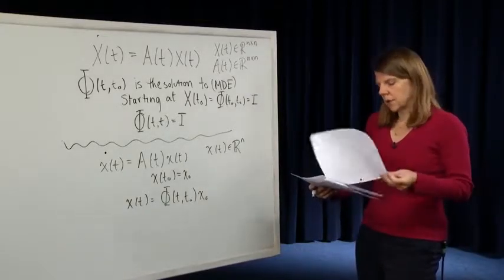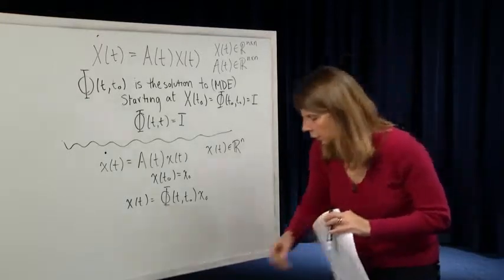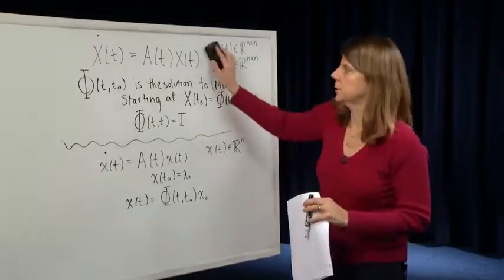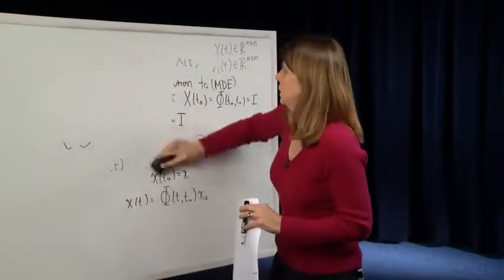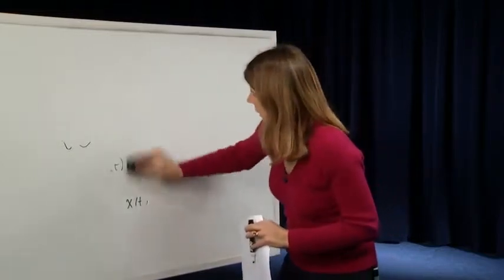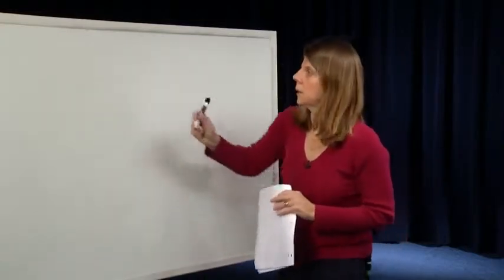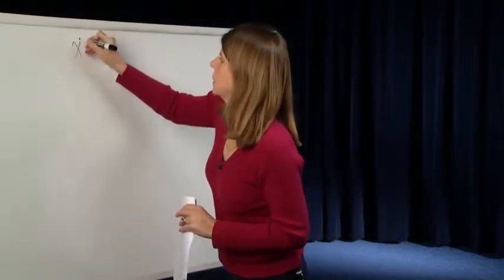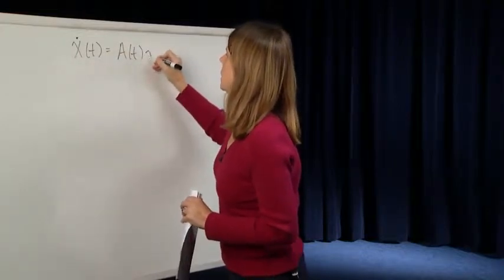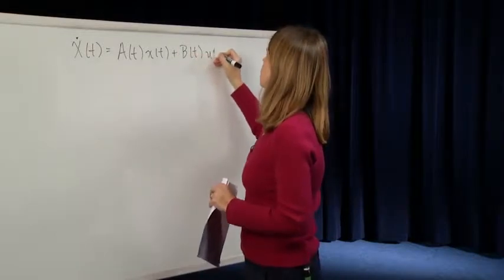Okay, and we discussed properties of the state transition matrix last day, but now let's go back to our original linear time varying system, which is given in terms of a state vector x and an input vector u. So our original system is given by x dot of t is equal to A of t x of t plus B of t u of t.